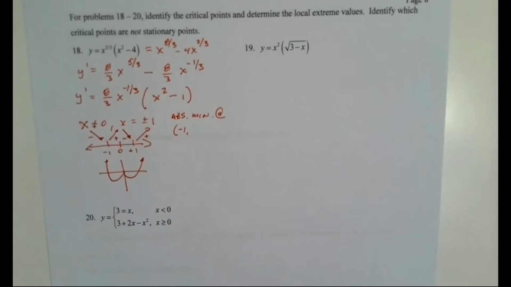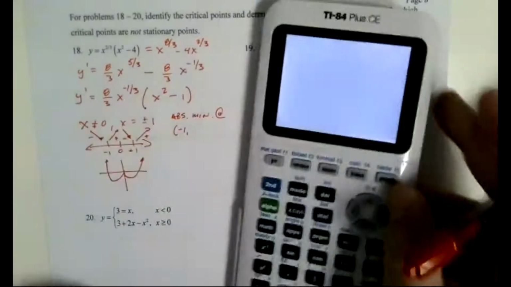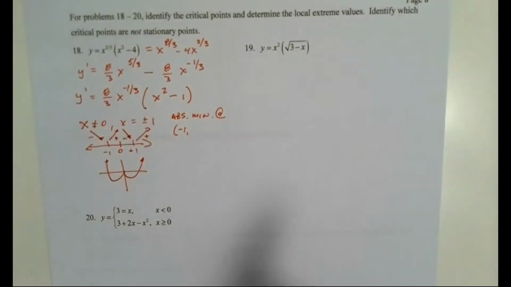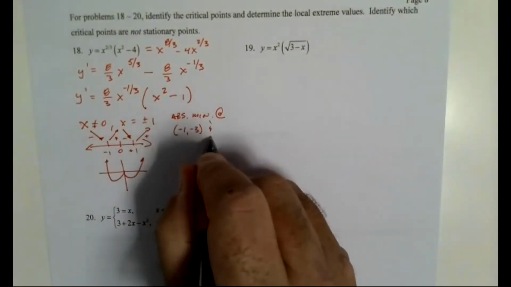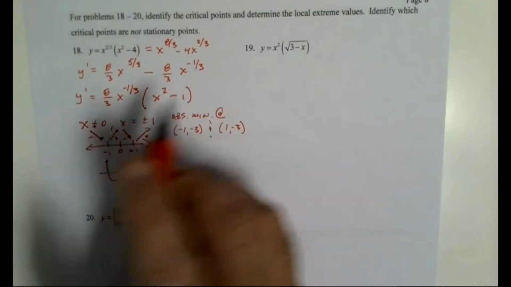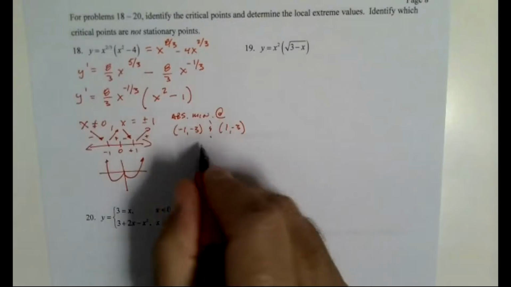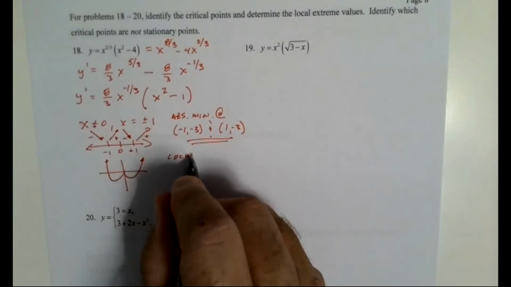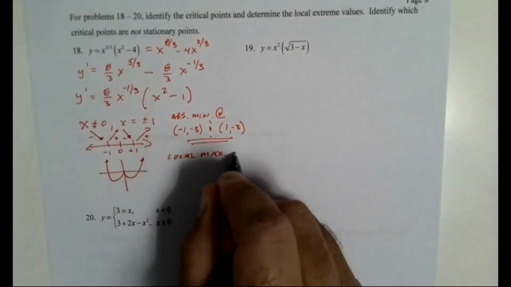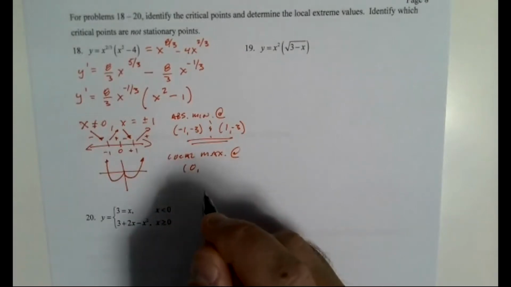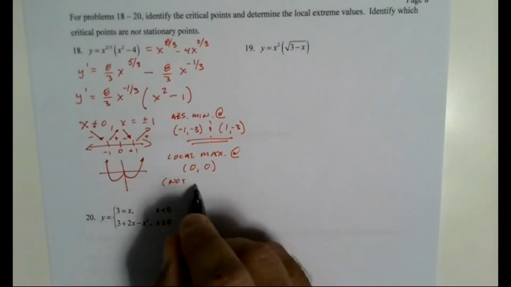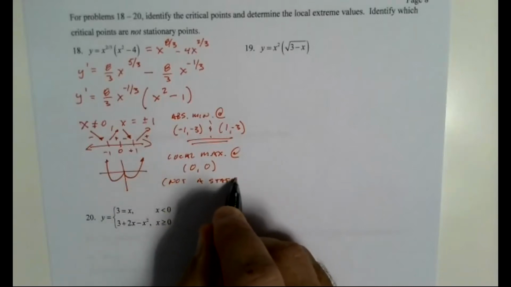Graph could be wrong, the whole works. -1 to the 2 divided by 3, +1, that's what I thought. So that's -3, which the graph shows. And at 1 comma -3. Yeah. And then we have a local max at 0 comma 0. And that is not a stationary point. Critical point.